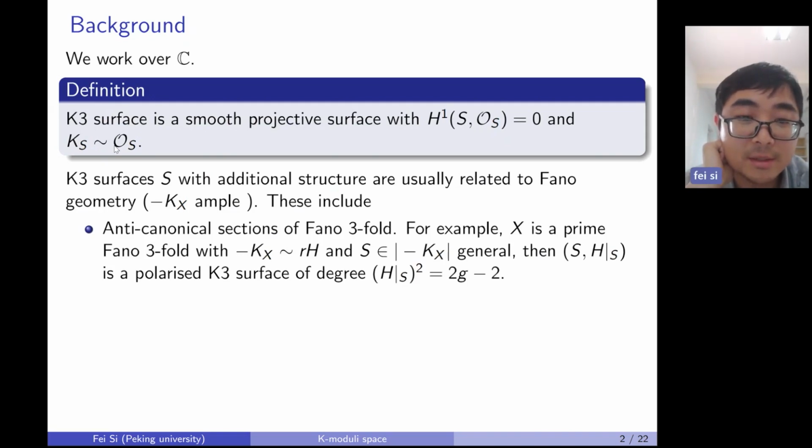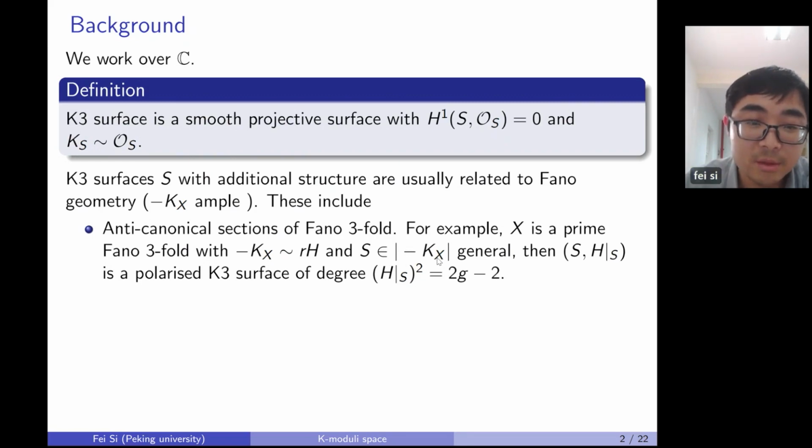The first one is that we view K3 surfaces as anti-canonical sections of Fano threefolds. For example, if we consider a prime Fano threefold, its anti-canonical sections are a multiple of some ample line bundle. So we can take general anti-canonical sections.